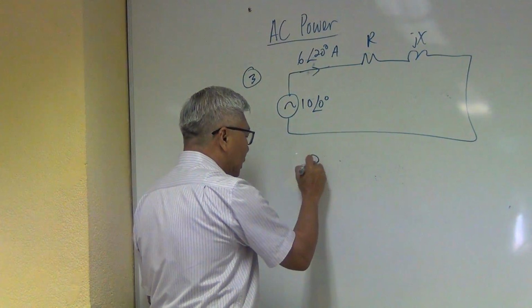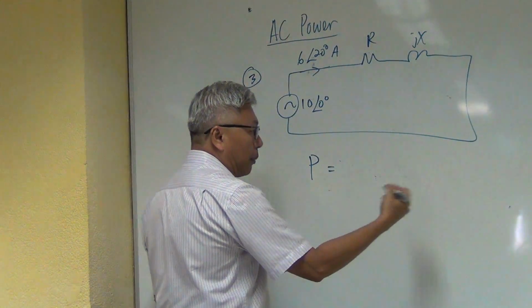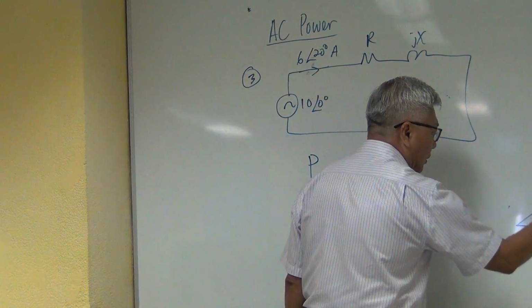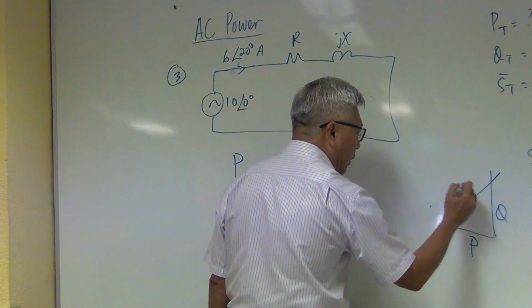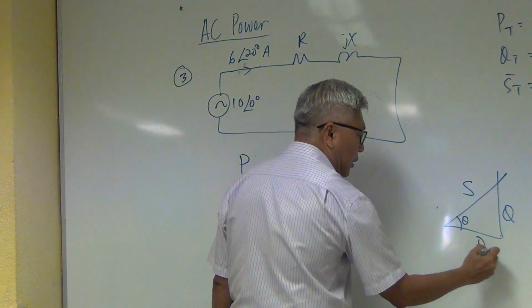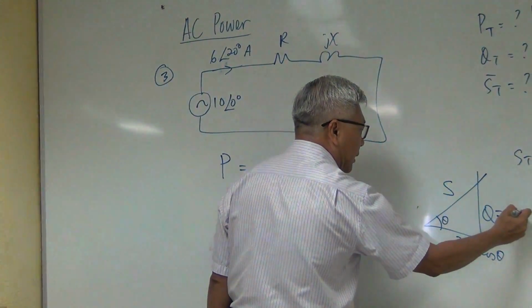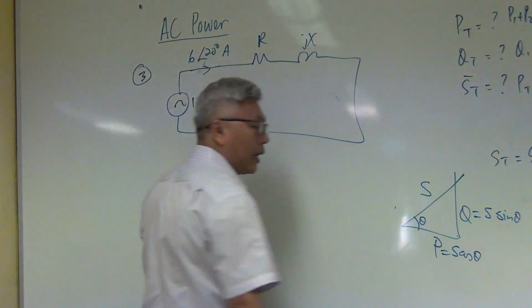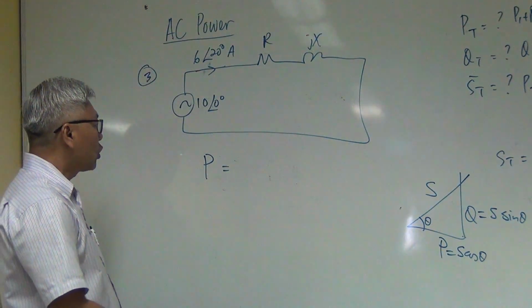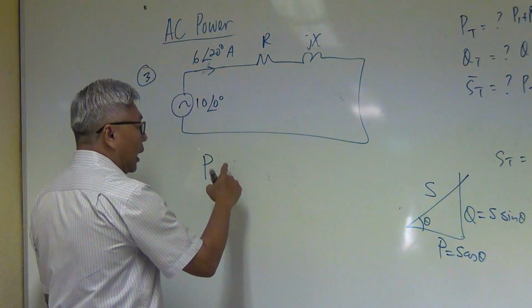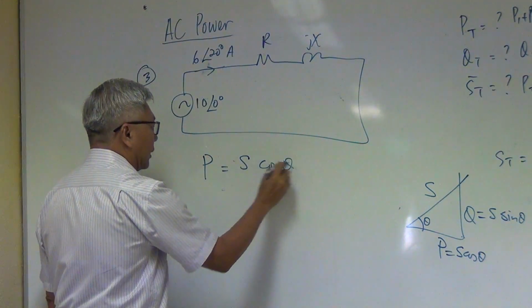So we can use P is equal to, if you remember just now we said about the trigonometry, this P, Q and this S, right? P equal to S cosine theta. Yes? And Q is equal to S sine theta. Right? So P is equal to S cosine theta. And what is S?